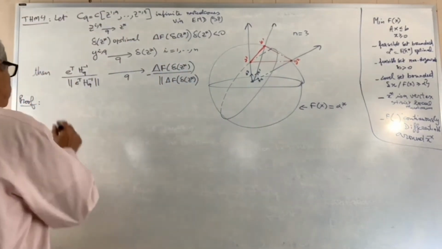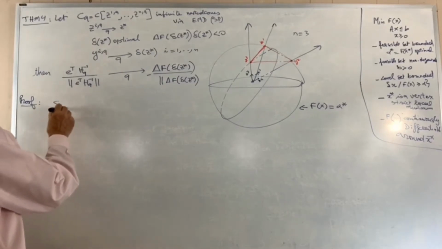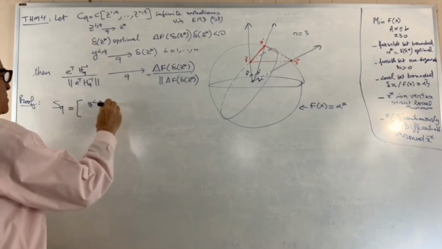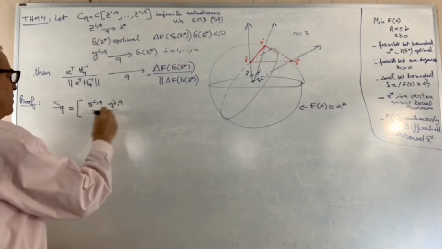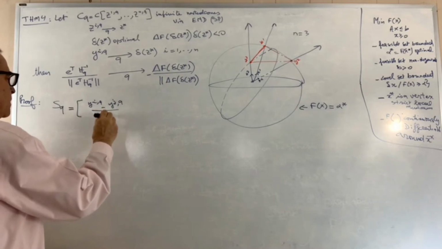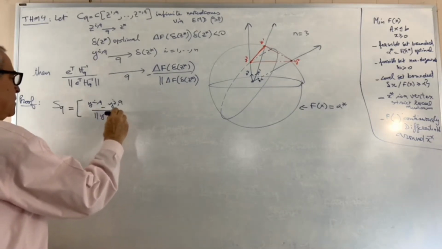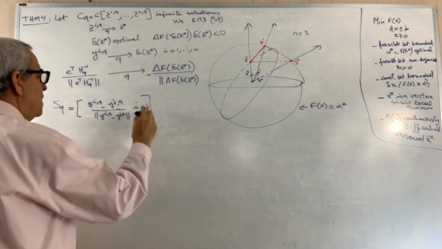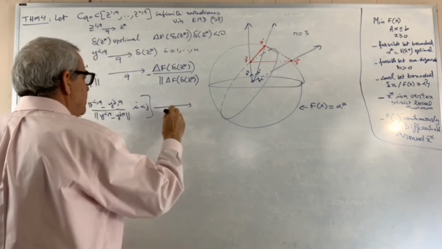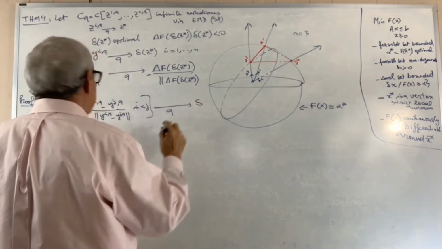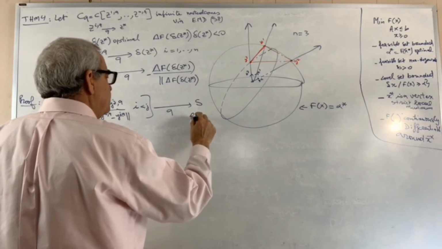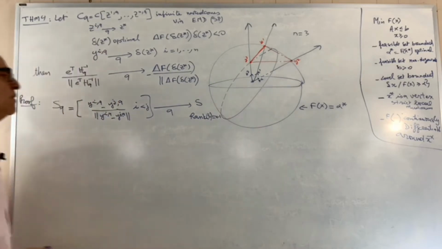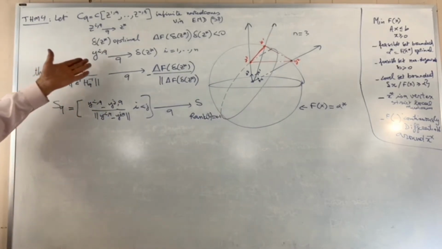Therefore, the matrix S q, equal to y i q minus y j q over the norm, for i strictly less than j, converges subsequentially, if necessary, to a matrix S such that the rank of S is n minus 1. That's the previous fundamental theorem.